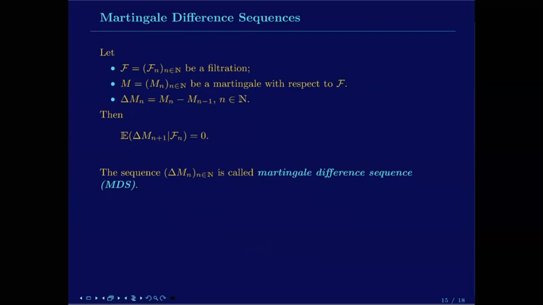Such a sequence is called a martingale difference sequence because we take the first difference of the martingale. Now, martingale difference sequences are of importance, especially in time series analysis, as a generalization of so-called white noise processes. So if we have models like the autoregressive or autoregressive moving average process, the innovations, the noise process, is usually considered as a zero mean independent process or white noise process.